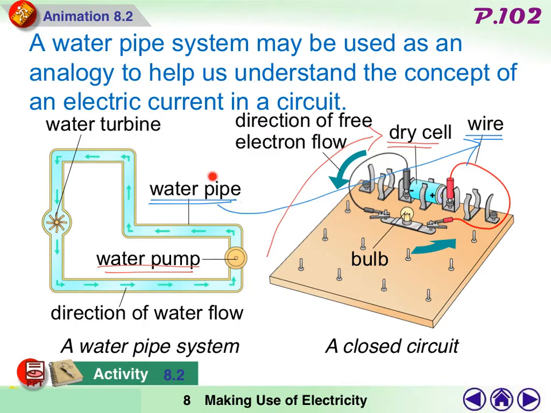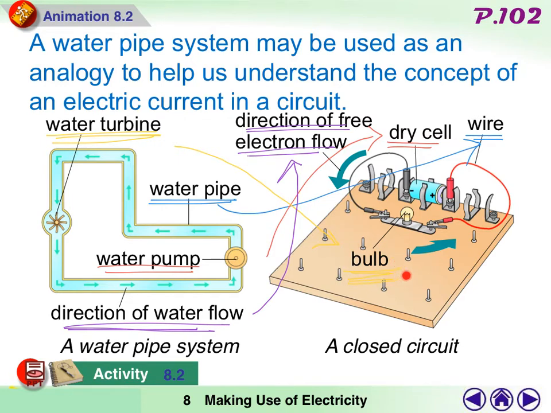The water pipe represents the wire in a circuit. The water turbine, pushed by the moving water, represents the bulb, which lights up. The direction of the water flow represents the direction of the free electron flow.